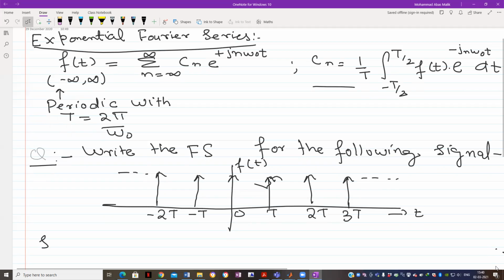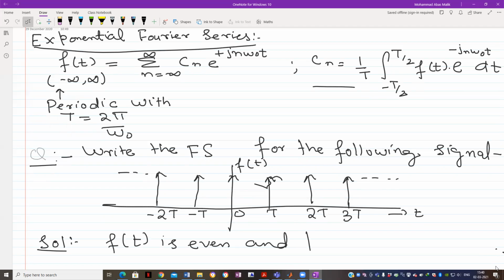So its solution will be like this. The above signal, that's f of t, is even and periodic with fundamental time period T, because it repeats after T, right?